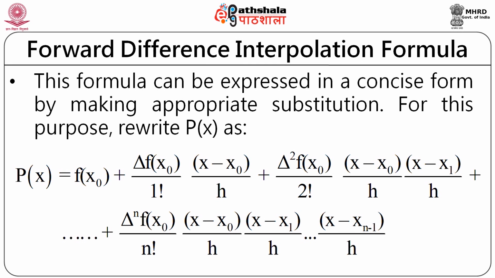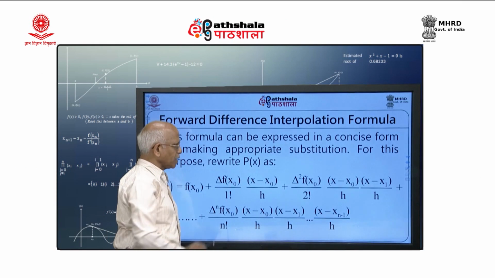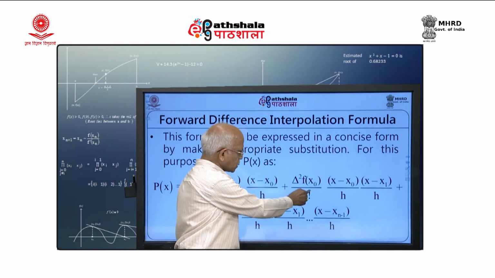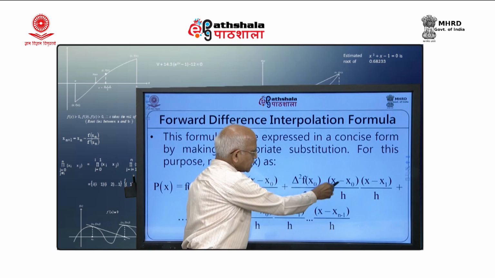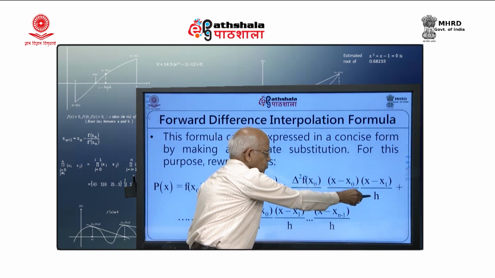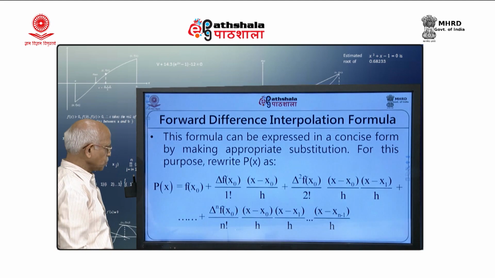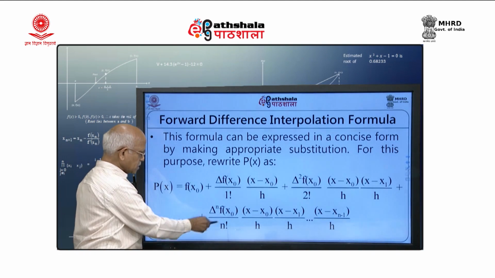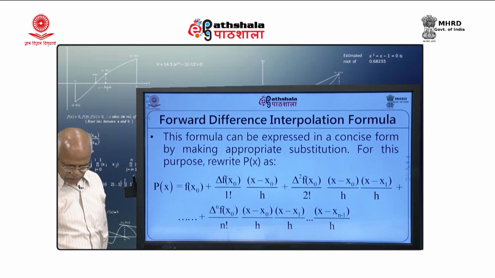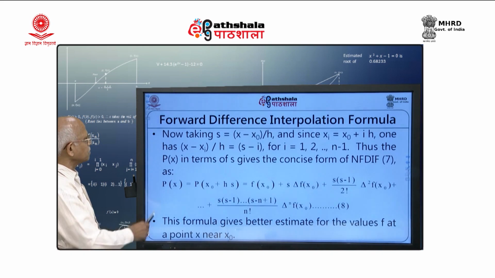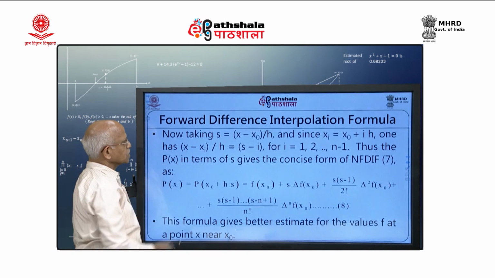This does not change. I am writing this as x minus x 0 by h. Then del square f x 0 by 2 factorial. Now, I was writing h square here, but I am now writing it as x minus x 0 by h and x minus x 1 by h. So, h is split over all the factors which we were multiplying earlier, and this is separated out, and that gives me an easy representation by making a substitution of this kind.